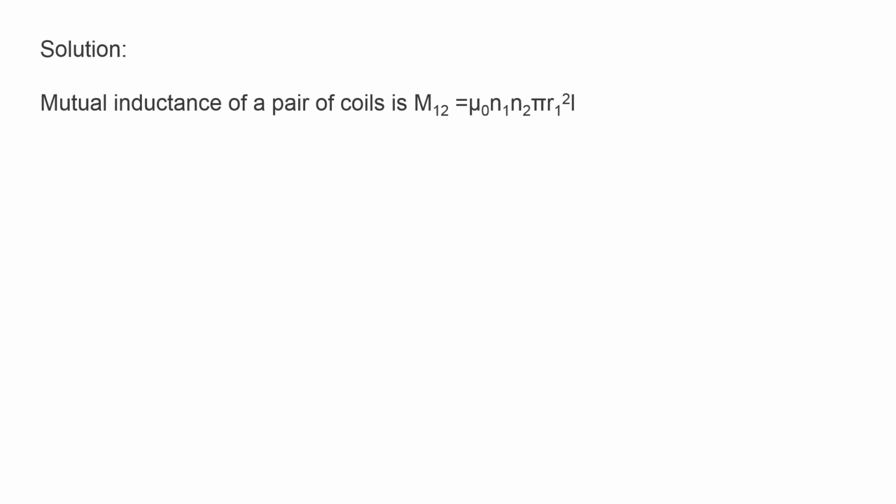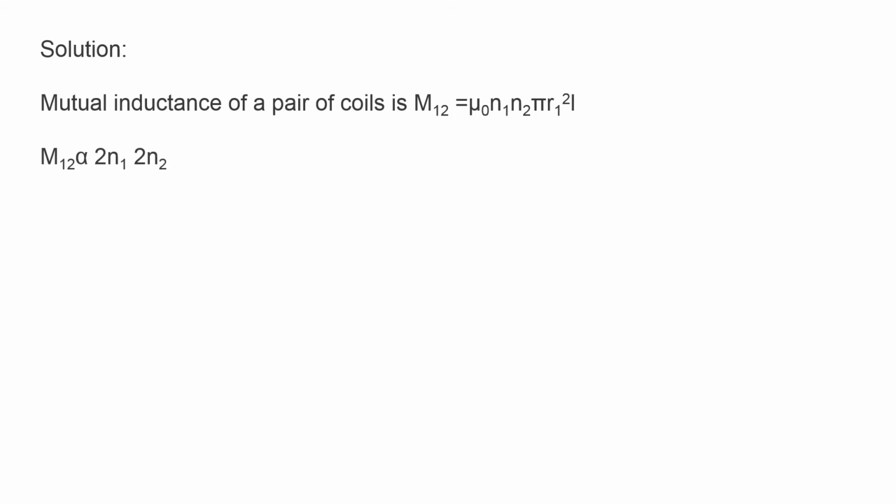inductance of a pair of coils M12 equals mu naught N1 N2 pi R1 square into L. Here mutual inductance depends on the number of turns in primary and secondary, which means M12 is directly proportional to N1 and N2.